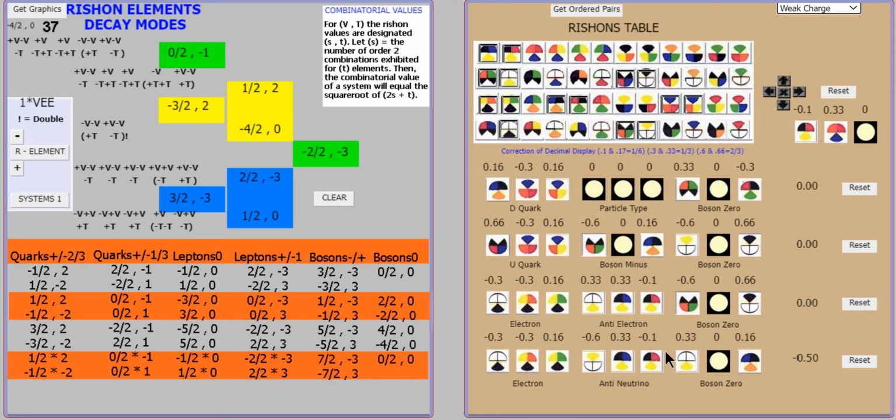As we know, the neutrino has a weak charge of plus 1/2 when it's left-handed, and this right-handed antineutrino should have the opposite, and it does, of minus 1/2. And on the Z particle, we have a plus 1/2 weak charge because it has a spin of 1.